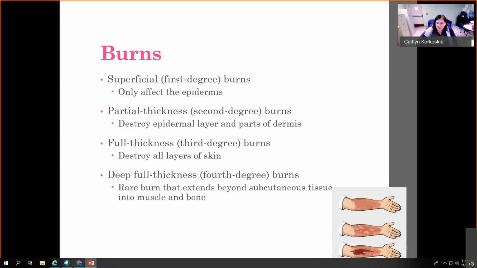Third degree burns will most likely go to what the hospitals call a MAC clinic, specialists in all sorts of wound care. Fourth degree burns, someone's going to be in the hospital for that one, so you would not see a fourth degree burn. But first and second degree burns, you will likely do wound care on. You might see third degree burns, but they're probably going to go to a specialty clinic specifically for wound care.